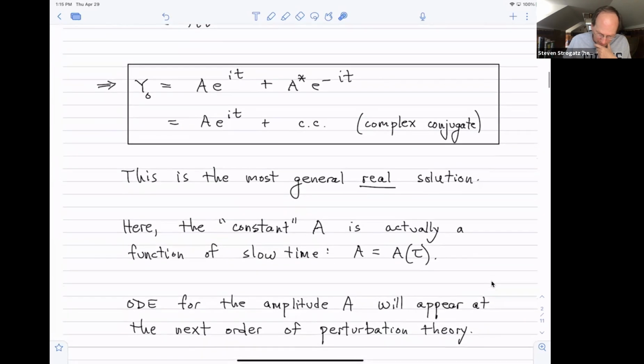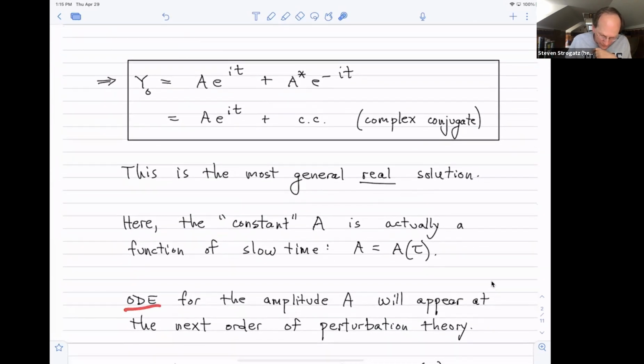So as I say, the ordinary differential equation for this unknown amplitude A will pop up at the next order. And in fact, it'll be determined by the condition that we don't want any secular terms. So like we had in the Lindstedt method from last time, the condition to eliminate secular terms gave us a frequency correction in the Duffing equation.